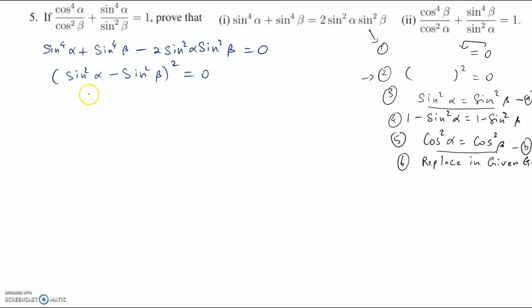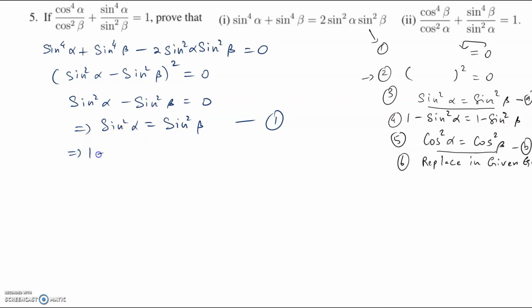So taking the square root on both left hand side and right hand side, you get sin squared alpha minus sin squared beta is equal to 0. That means sin squared alpha is equal to sin squared beta. This is the first one. Then putting minus 1 on both left hand side and right hand side, you get 1 minus sin squared alpha is equal to 1 minus sin squared beta, which is nothing but cos squared alpha is equal to cos squared beta. This is number 2.